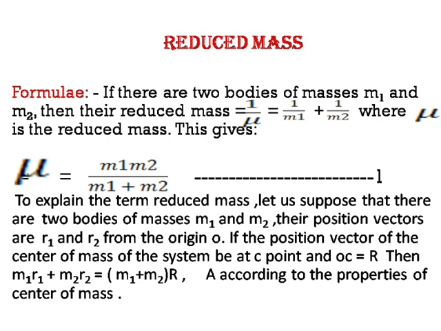To explain the term reduced mass, let us suppose that there are two bodies of masses m1 and m2.